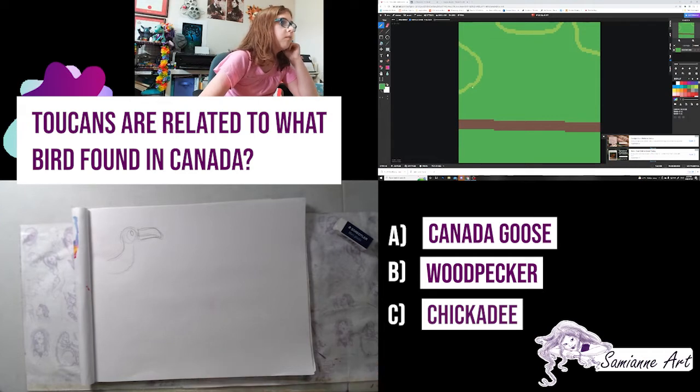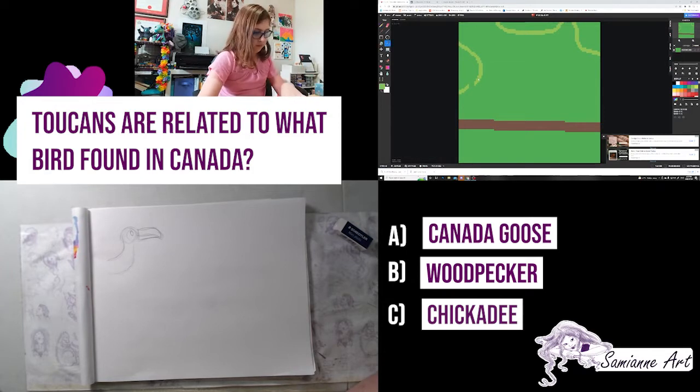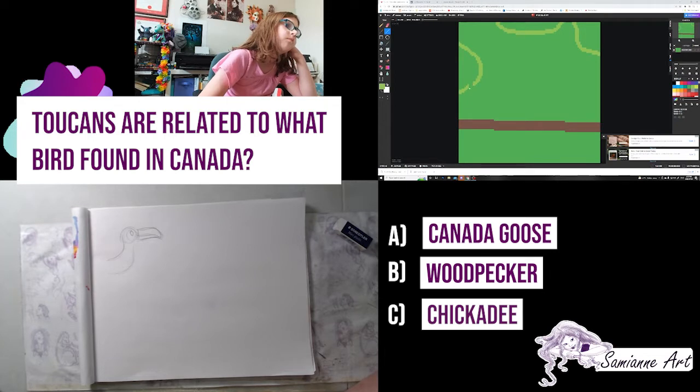Toucans are related to and have a lot in common with what Canadian bird? A Canada goose, a woodpecker, or a chickadee.